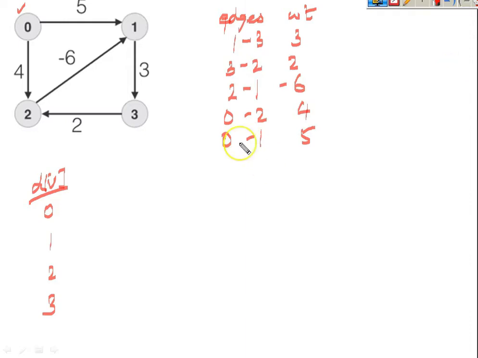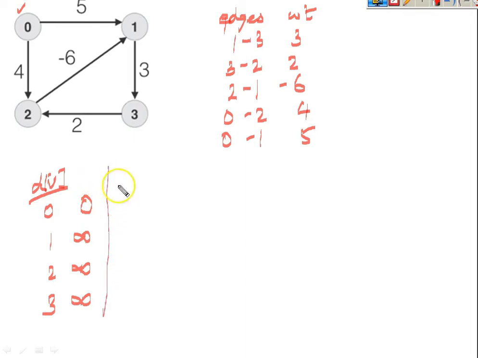There is no compulsion to start from this path; you are free to start with any edge. So here I write the d values. Initially we do the initialization process, in which we assign the source to be 0 and all others to be infinite. And now we will apply the relaxation process.